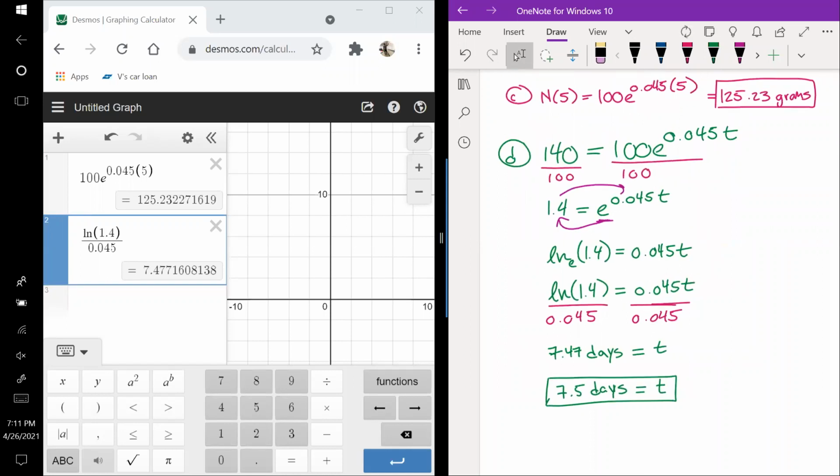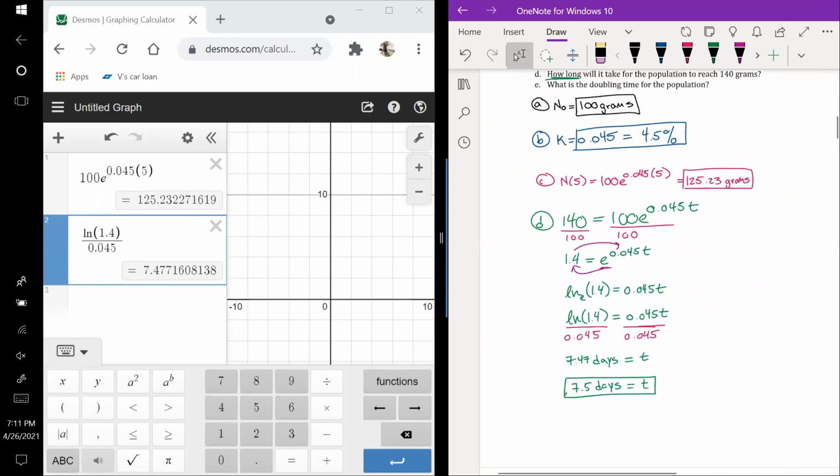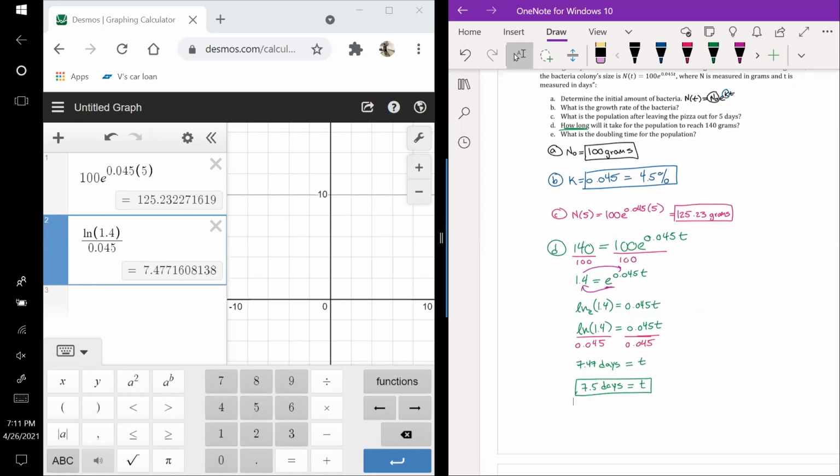Okay, that's D. And then the last one, E, what is the doubling time for the population? Which means, once again, we are looking for time. So we want the population to double. So if the initial population is 100, this means if it doubles, it's going to be at 200.